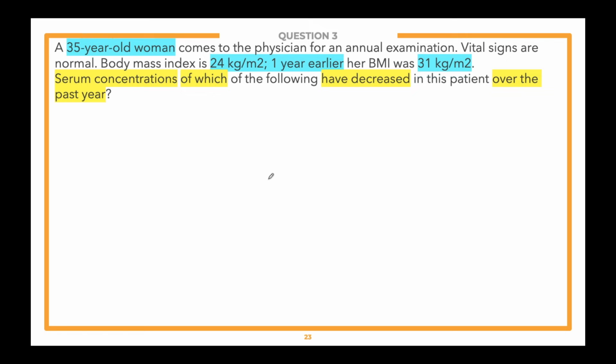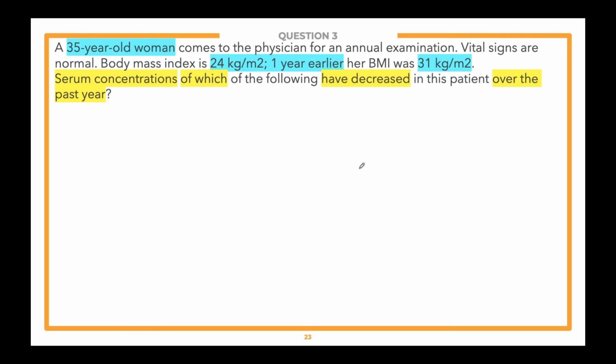Okay, so we're given some information about BMI. In this question, they're asking us about the serum concentration of something that's decreased in the past year. So I think we've got to figure out, one, maybe what's going on in this question, and then two, what may have decreased in this patient over the past year.